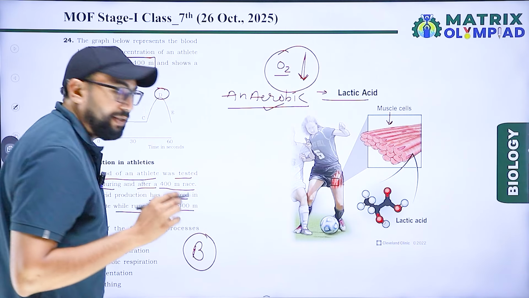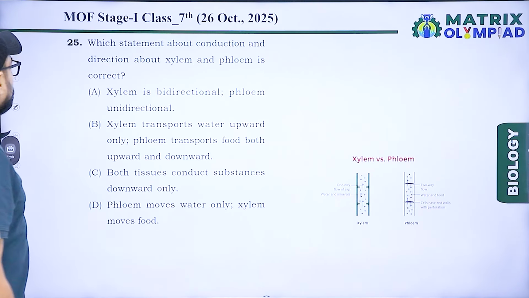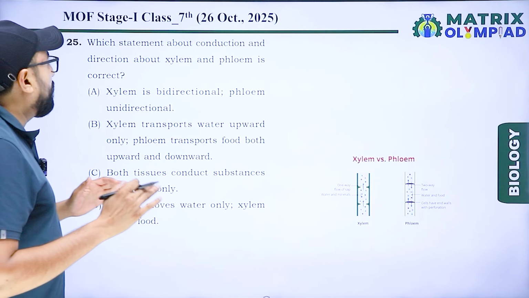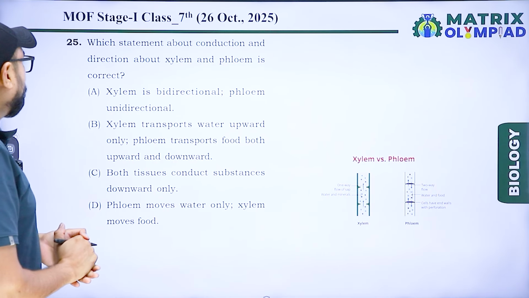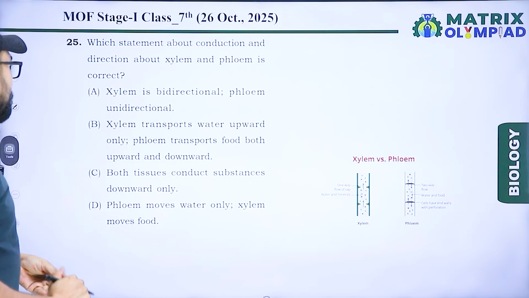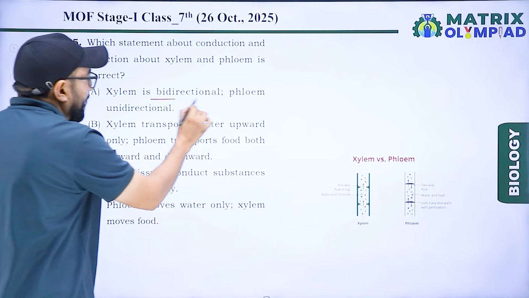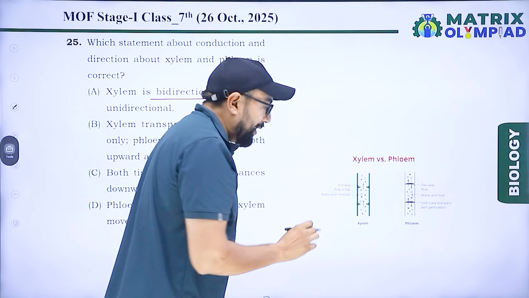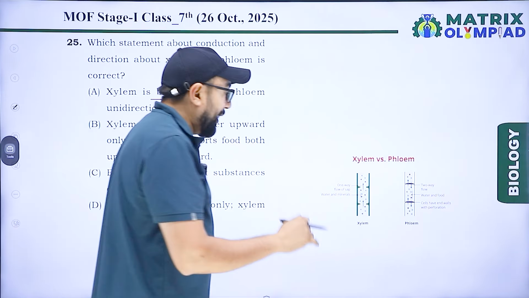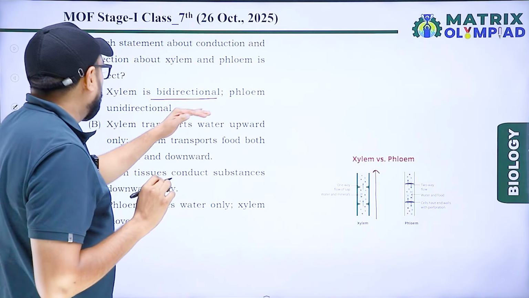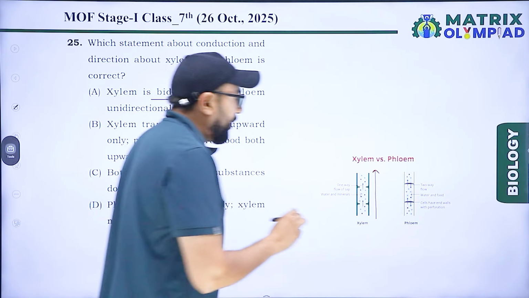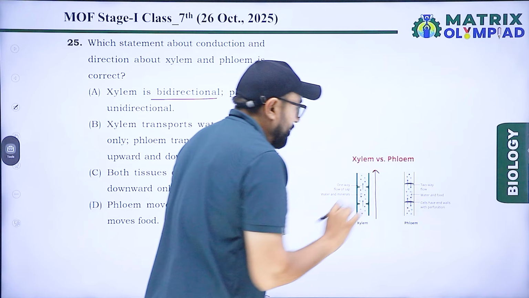Option B is right. Next, which statement about conduction and direction of xylem and phloem is correct? Option A says xylem is bidirectional, but in our concept, xylem is unidirectional. Phloem is unidirectional, but actually phloem is bidirectional.